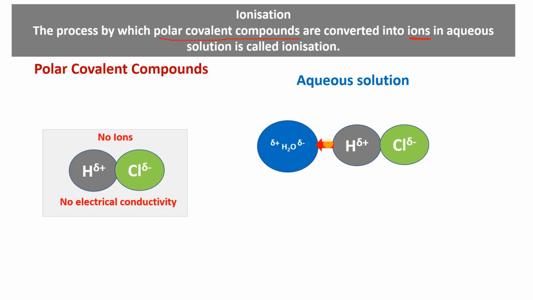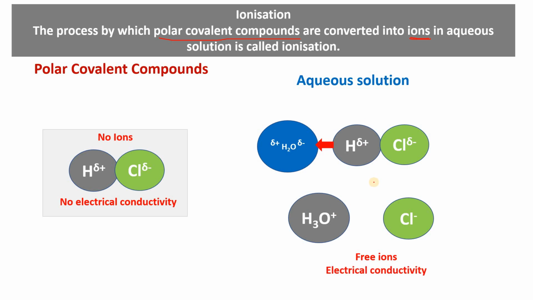Due to this electrostatic force of attraction between the oxygen atom of water and the hydrogen atom of hydrogen chloride, the hydrogen atom gets pulled towards water, forming hydronium ion and separating the chloride ion. As a result, we see over here that now we have two separate ions. And due to this presence of free ions in the aqueous solution, hydrogen chloride in its aqueous solution acts as a good electrolyte and hence conducts electricity.